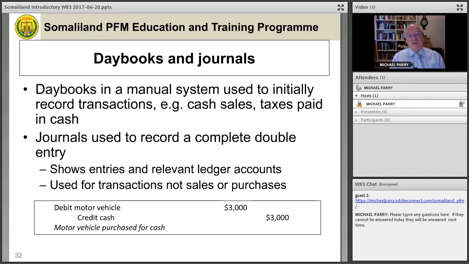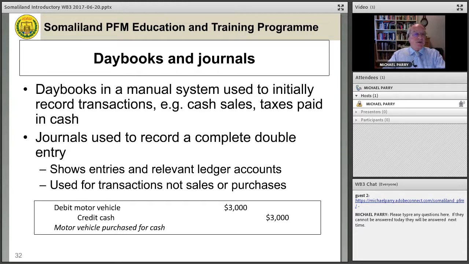Nowadays, with computerized systems, the tendency is to put direct access to the system at the point of sale, or you could envisage, for example, a tax office receiving tax receipts in cash, that you would have a system where those are directly entered. So it is effectively a daybook, but again, it's contained by the computer within the computerized system.